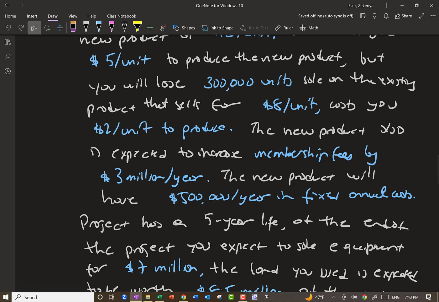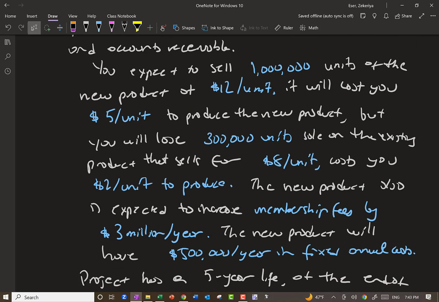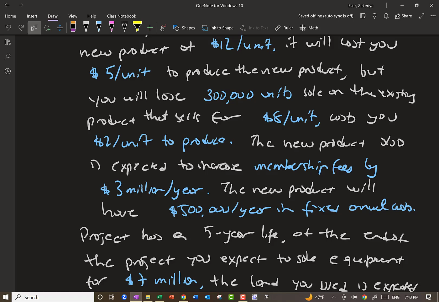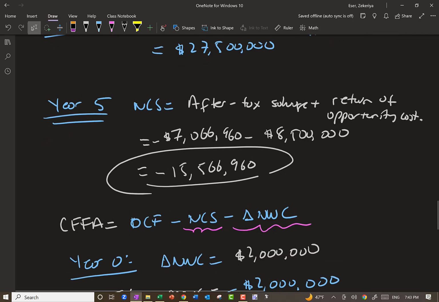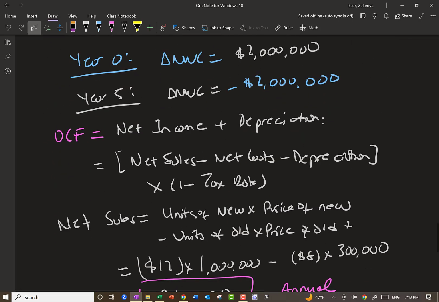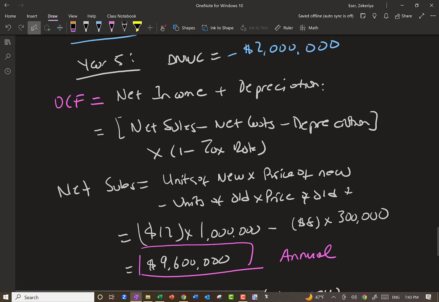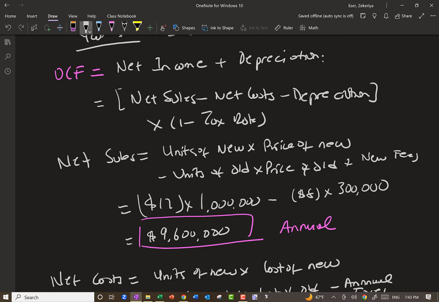I said the new product is expected to increase membership fees by $3 million a year. Think of it like Costco or Sam's or whatever. Just because there's a new product, where is it? Plus new fees. So that's plus 3 million. And the whole thing becomes 12.6 million.